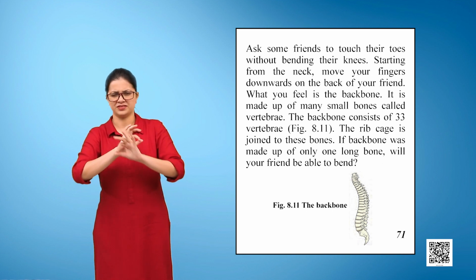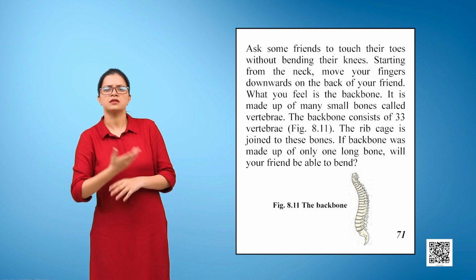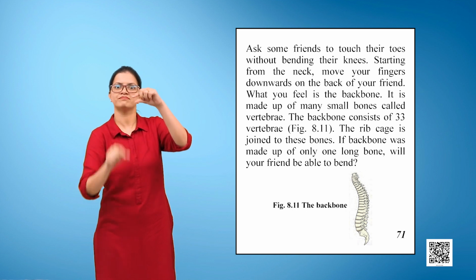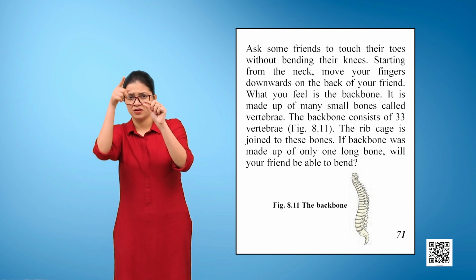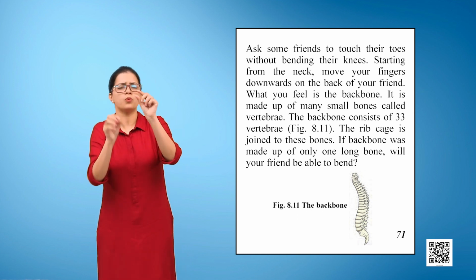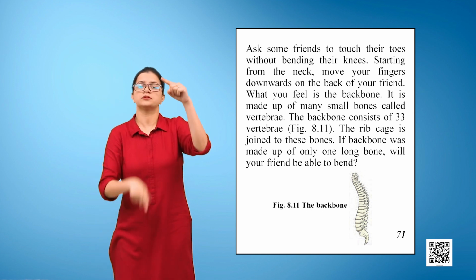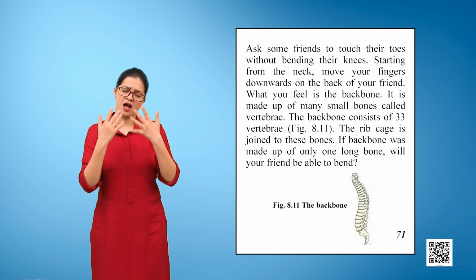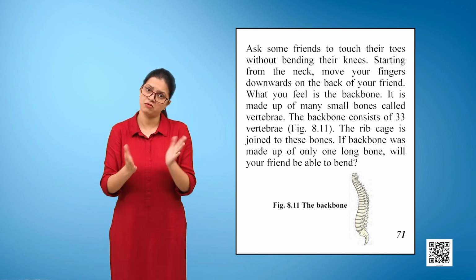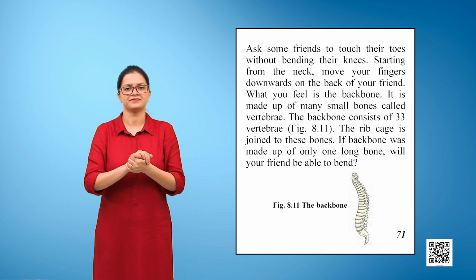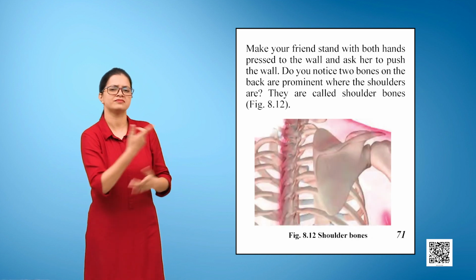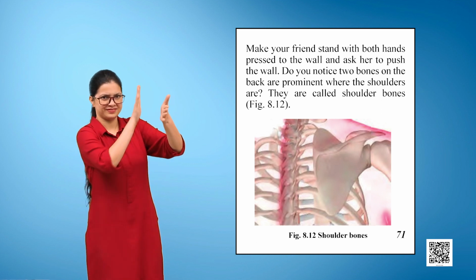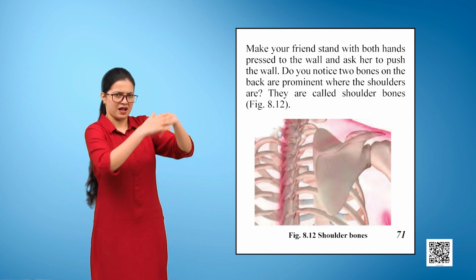The rib cage is joined to these bones. If backbone was made up of only one long bone, will your friend be able to bend? Make your friend stand with both hands pressed to the wall and ask her to push the wall.